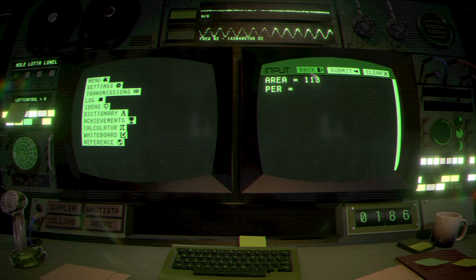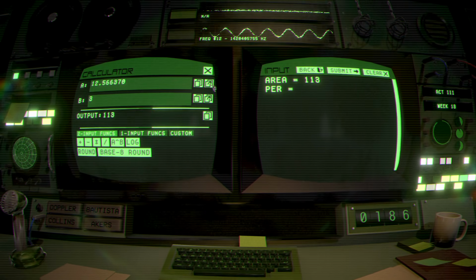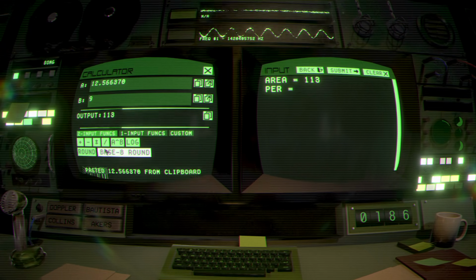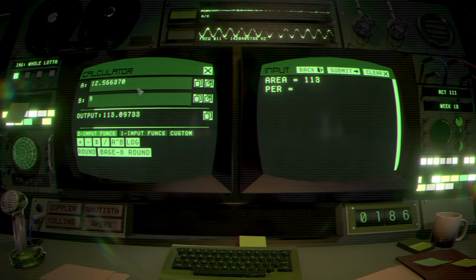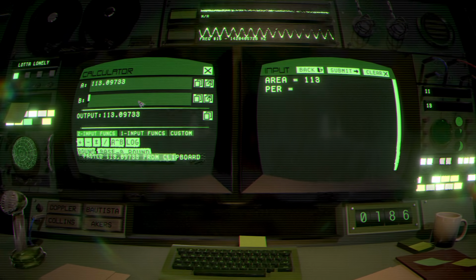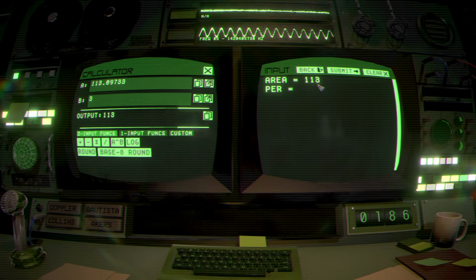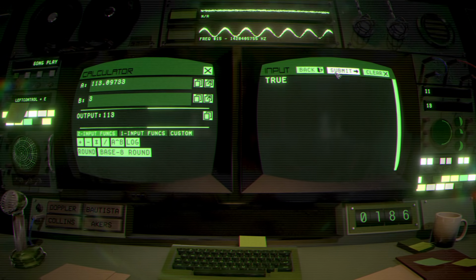So just 3 times 3 is 9. So paste, times 9. Calculate. Oh my goodness. Guess what, folks? I think we are foolish. It is the same. So we're wrong. So it's true. That's true.